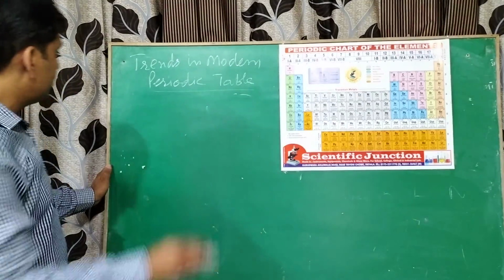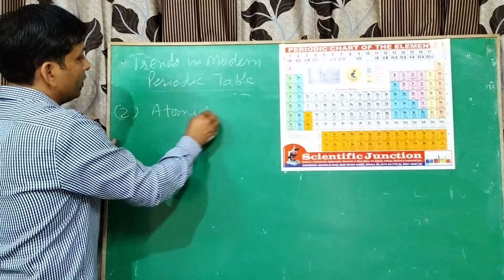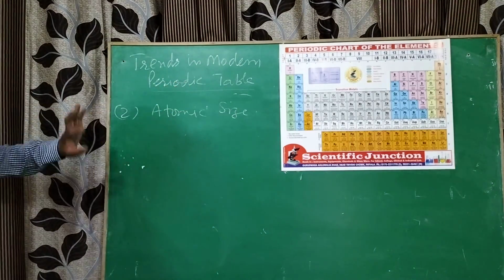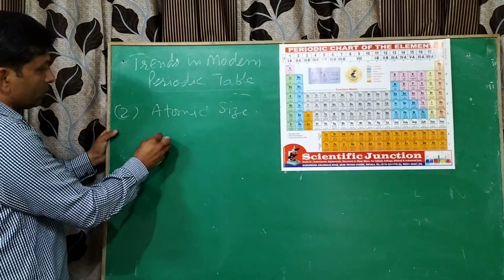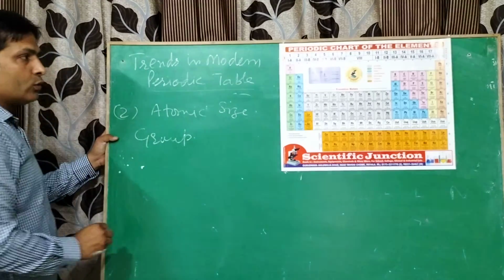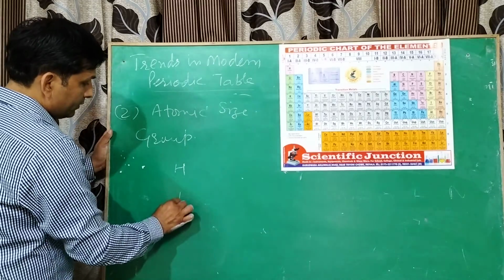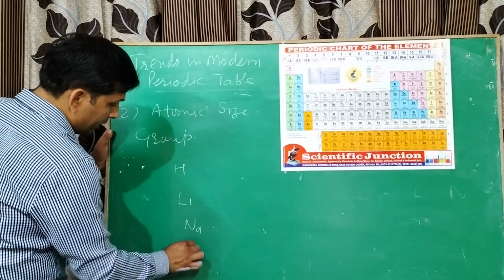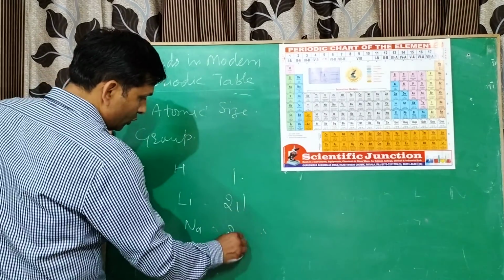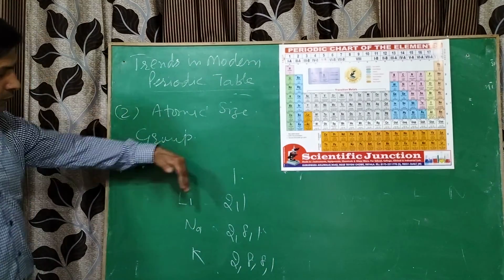Then let's come to the next, that is atomic size. I have already told you what atomic size is. First of all, let's discuss the group. Let's take the example of the first group: hydrogen, lithium, sodium, potassium, with configurations 1, 2,1, 2,8,1, 2,8,8,1. What is the difference between all these?